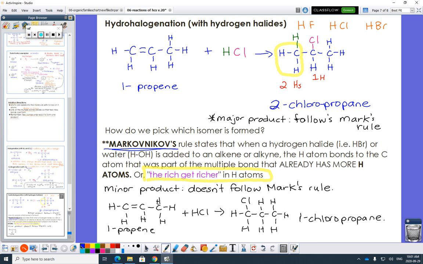The only time you would write the minor is if I said, what are the major and minor products? If it doesn't say that, just do major, okay? And usually I wouldn't trick you. It'll say write the major, write the minor, if I wanted you to.